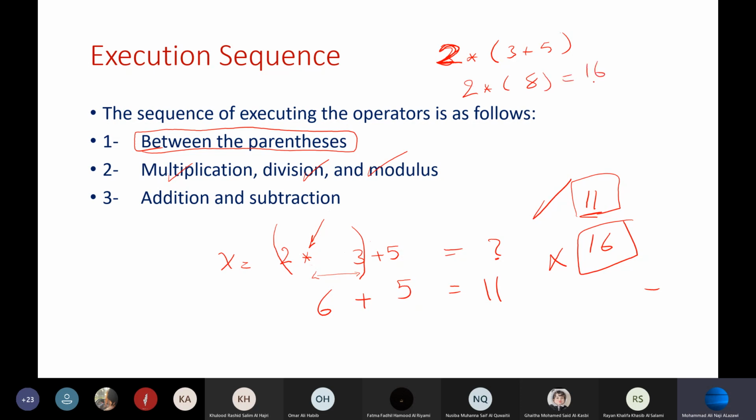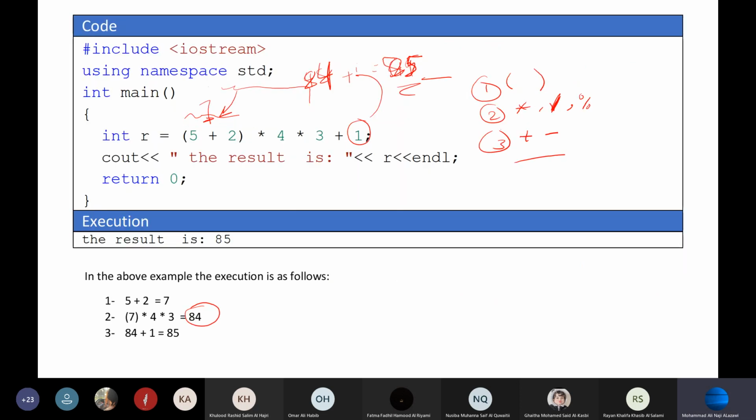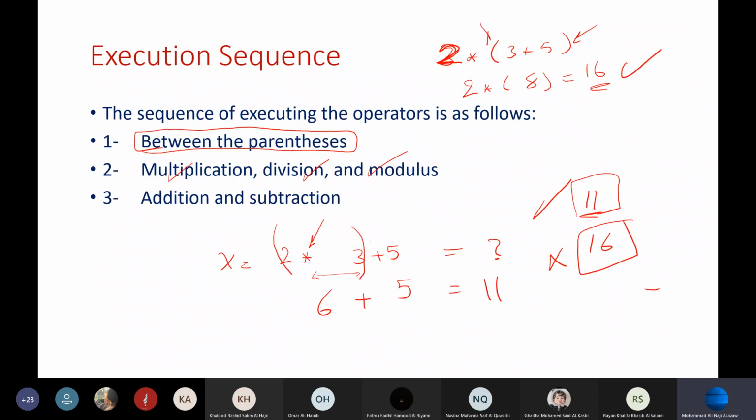This equals 16. It will be correct, but you have to add the parentheses. The sequence is, as I told you, first between the parentheses, second the multiplication, division, and mod operation, then plus and minus. Do you have any questions about the arithmetic operations?